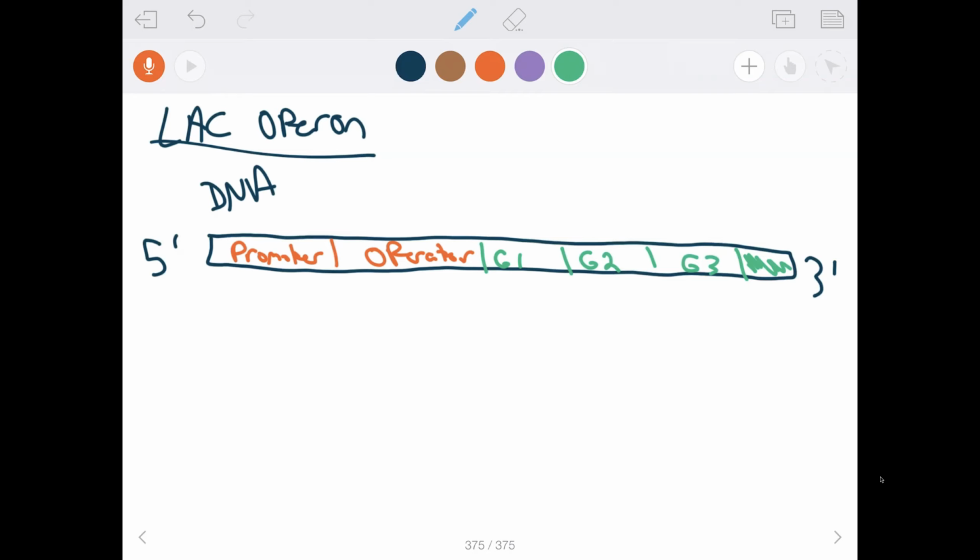So, the promoter and the operator, if you recall back to what we just covered, promoter tells the polymerase where to bind, right? So if we're going to transcribe these genes, we're going to make mRNA, therefore we're using RNA polymerase. So the promoter tells RNA polymerase where to bind.